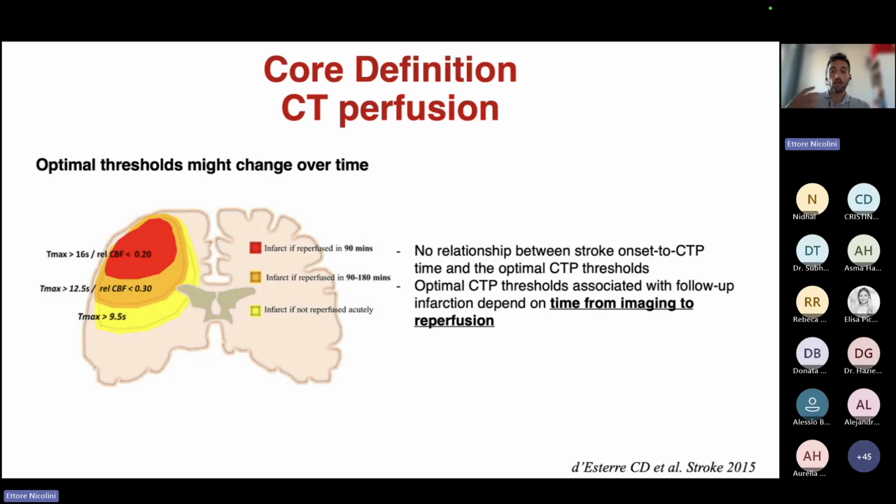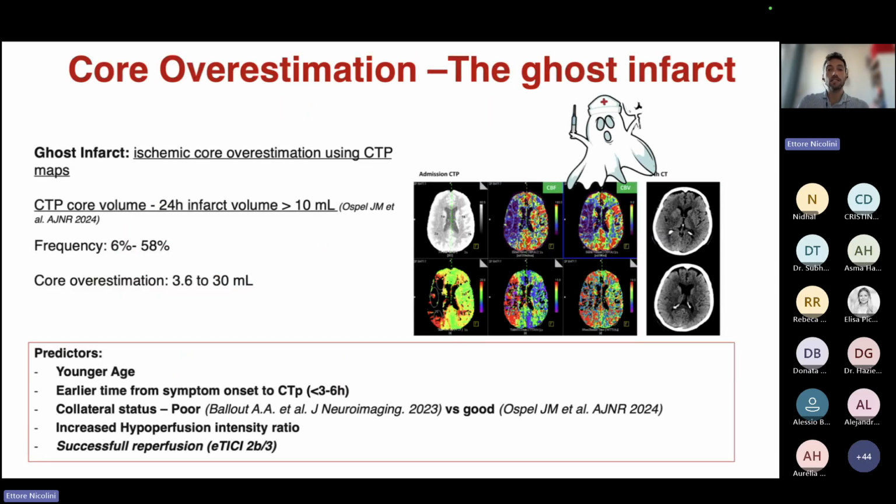So once more, our definition of core is not so precise. And this is evident also from some clinical studies that have highlighted both core overestimation and underestimation with CT perfusion.